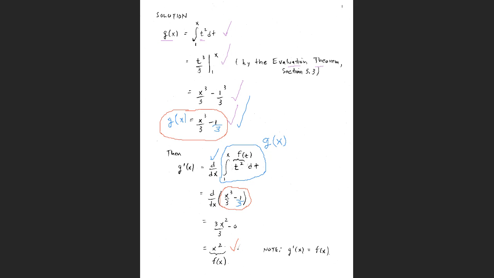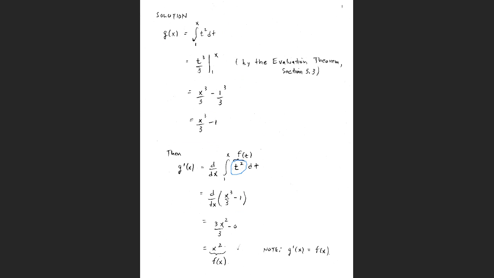We know g prime of x is equal to x squared. But remember that the t squared in our integral was f of t.